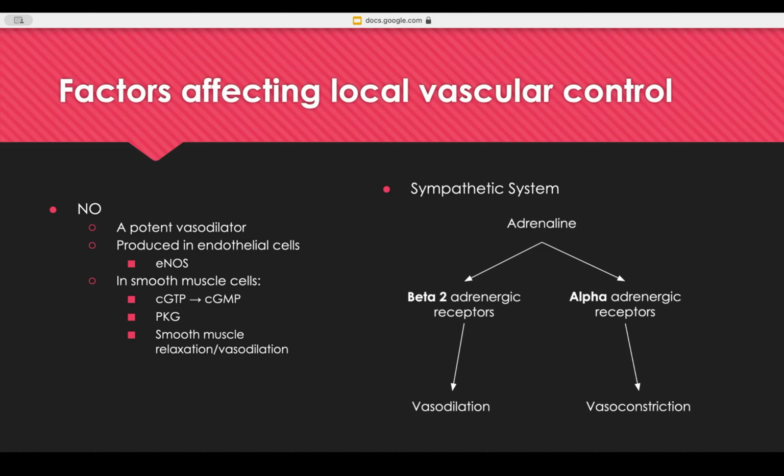For example, your muscles, allowing you to run faster, very much need more oxygen and more blood supply, whereas other processes in the body, such as digestion, are not so urgent at that time, and blood flow will be directed away from these areas to accommodate the increased need elsewhere.